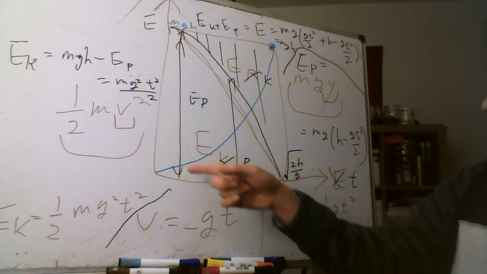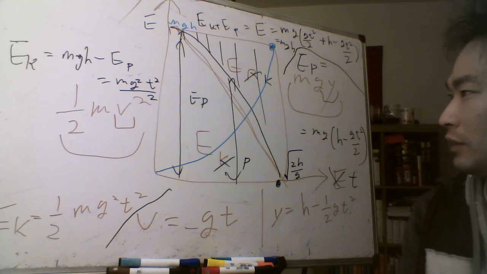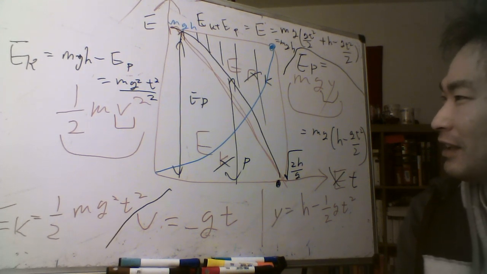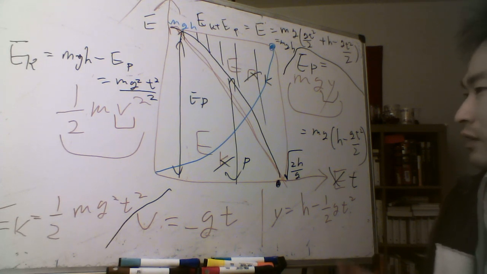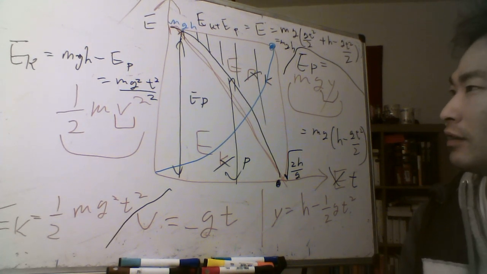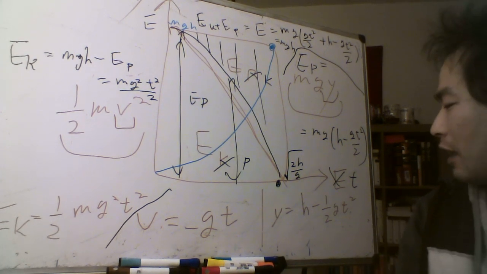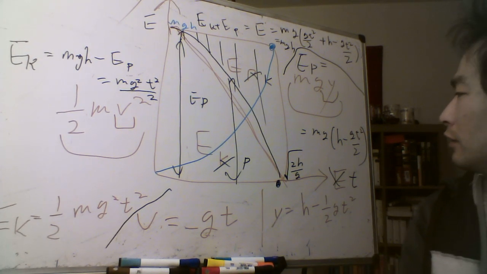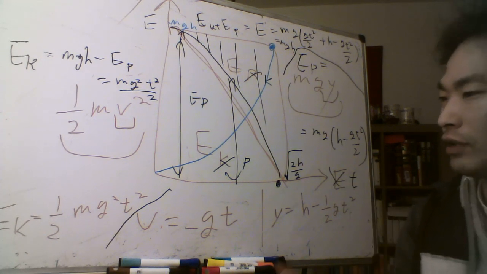This parabola and this parabola are not symmetric, because we have a different constant. But okay, it's a parabola. All right, so we got it.